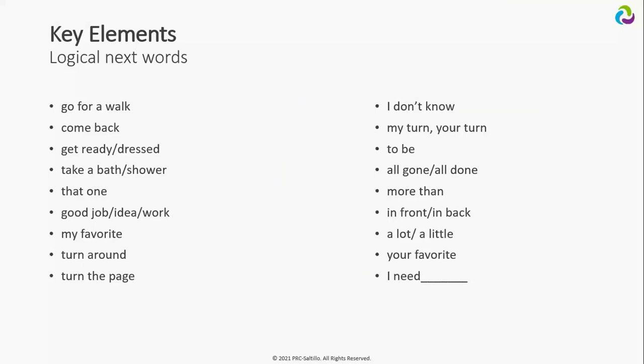So these are some examples of the logical next words. So for example, when you select the word go, you see the options go for a walk, get ready. And so I'm going to demonstrate some sentences that show logical next words.